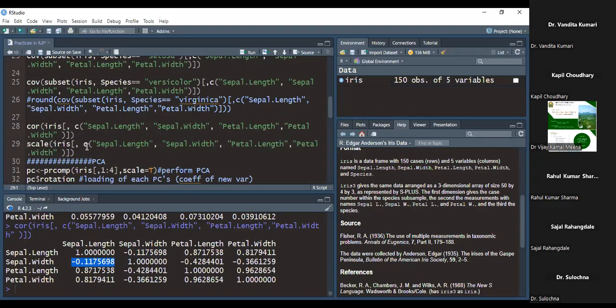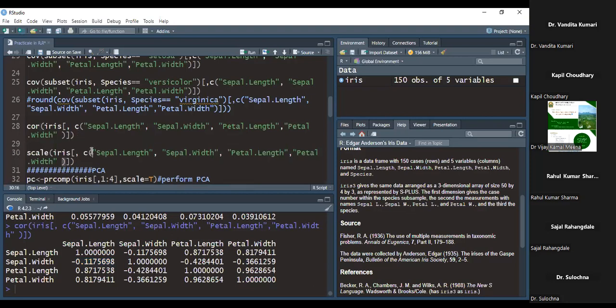Now, as I mentioned, before going for principal component analysis, we need to scale the values. For that, in R we have the function scale. So scale iris, and we are not considering the species name here because it is a categorical variable.